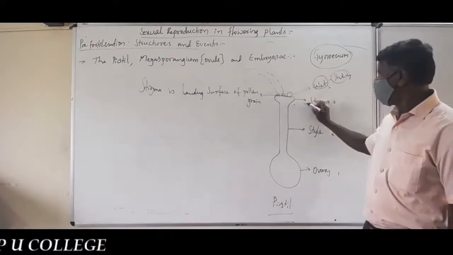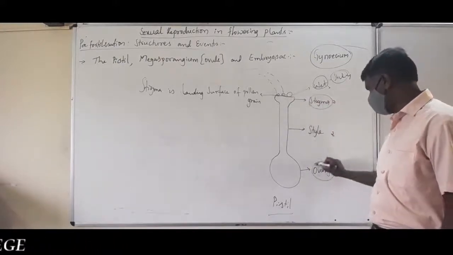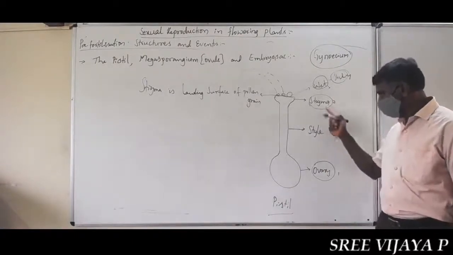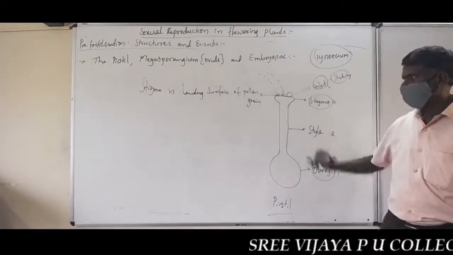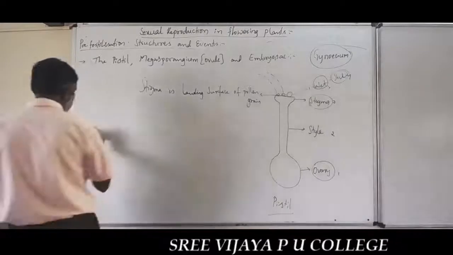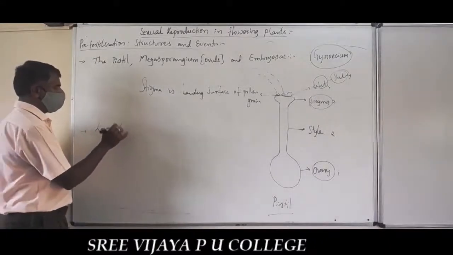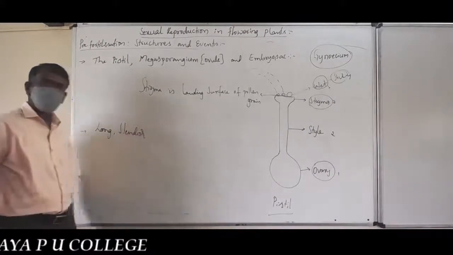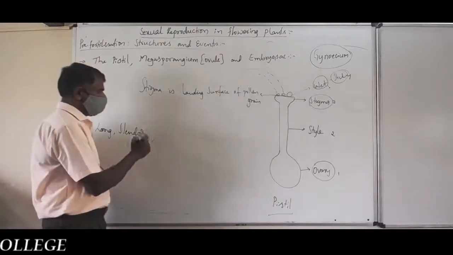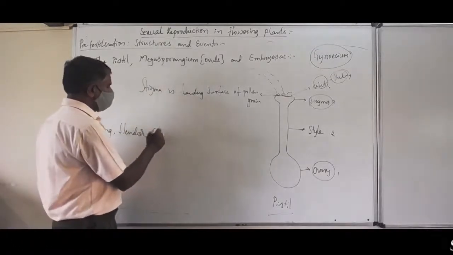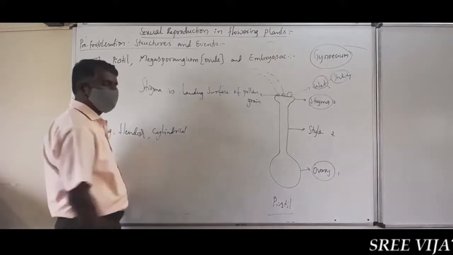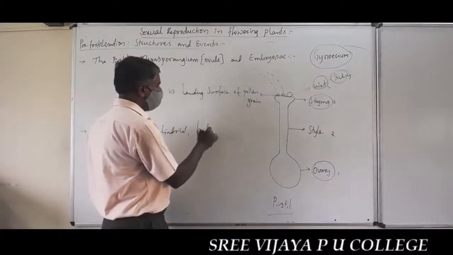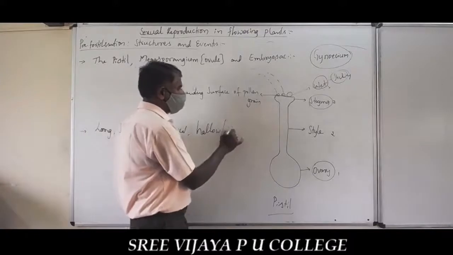The junction between stigma and ovary is the style, which is long and slender, either cylindrical, either hollow or solid.